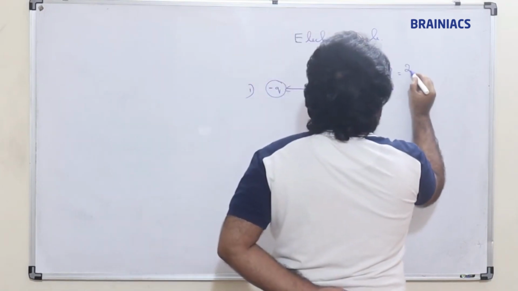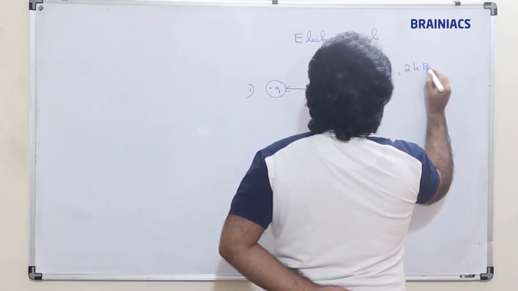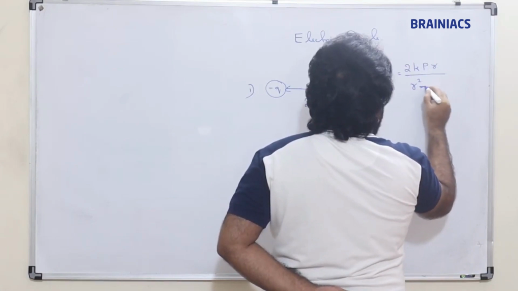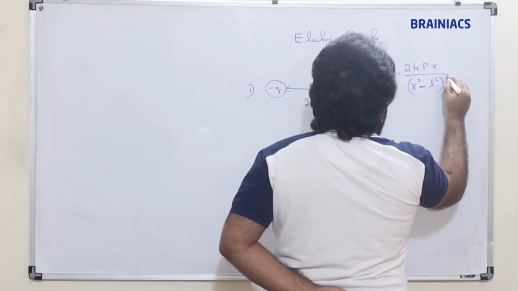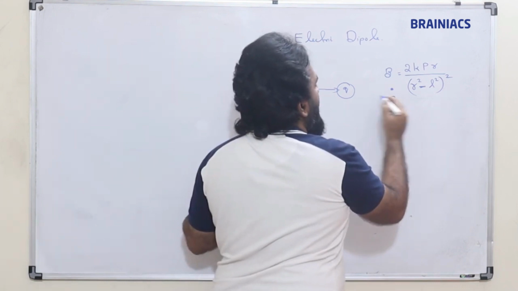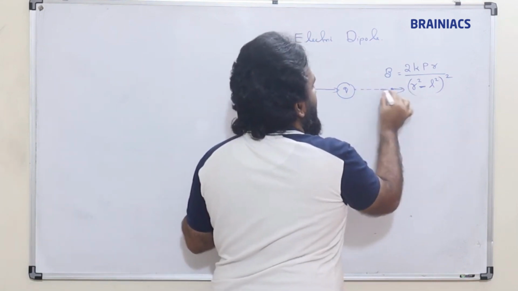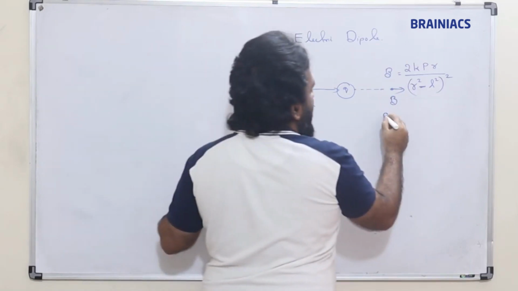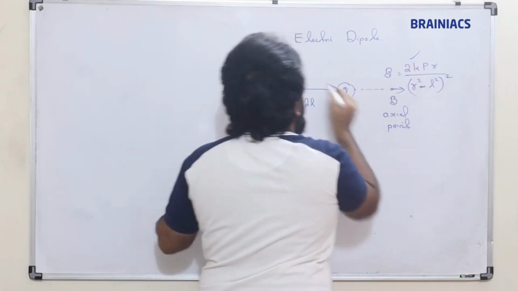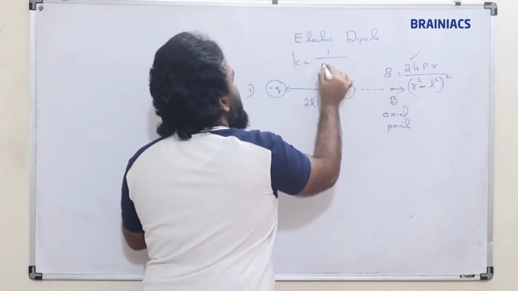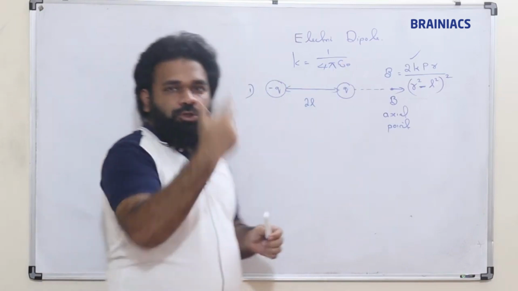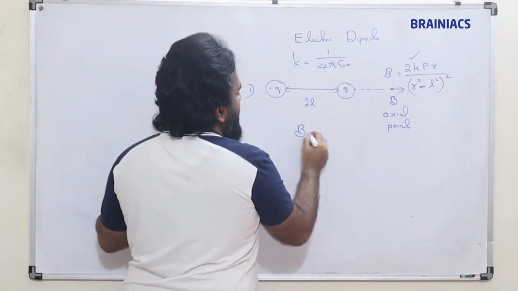This is going to be 2kpr divided by (r square minus L square) whole square. This was the value of the field in this direction if we take a point on the axis. So this is the axial point, and for this one, what is k? K is always 1 by 4 pi epsilon 0, correct or what? And for a short dipole, what will the same case be?